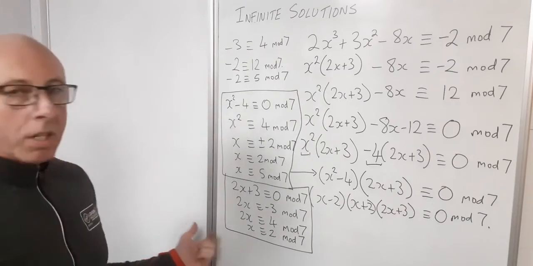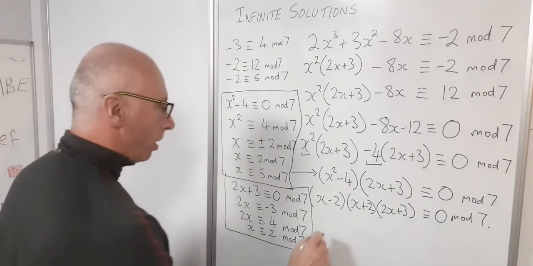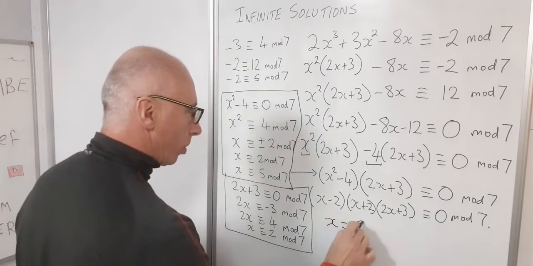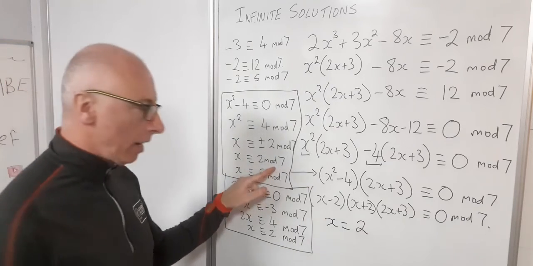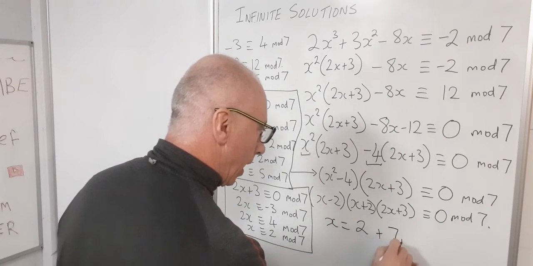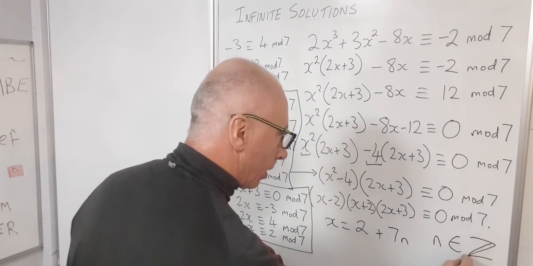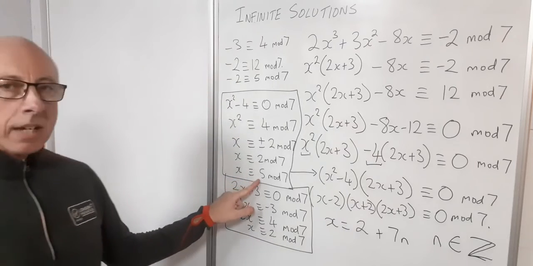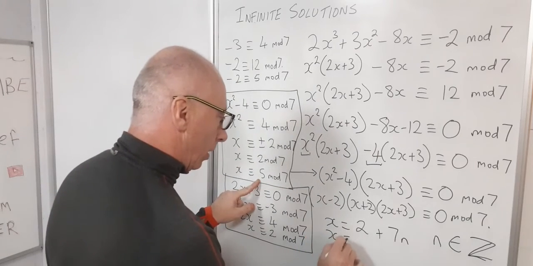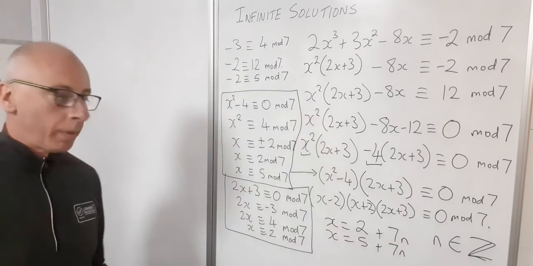Okay, so I can write out my solutions. Use my 2 mod 7, so I can say x equals 2, and to be infinite solutions I could just add 7n, where n is an integer, and then for this one I just let x equal 5 plus 7n, where n is also an integer.